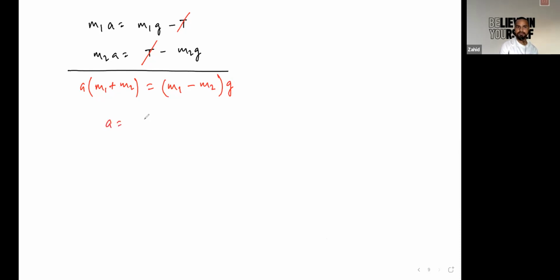You will get A is equal to m1 minus m2 divided by m1 plus m2, whole times gravity. This is your expression for finding the acceleration for this pulley system. Is it clear to everyone?